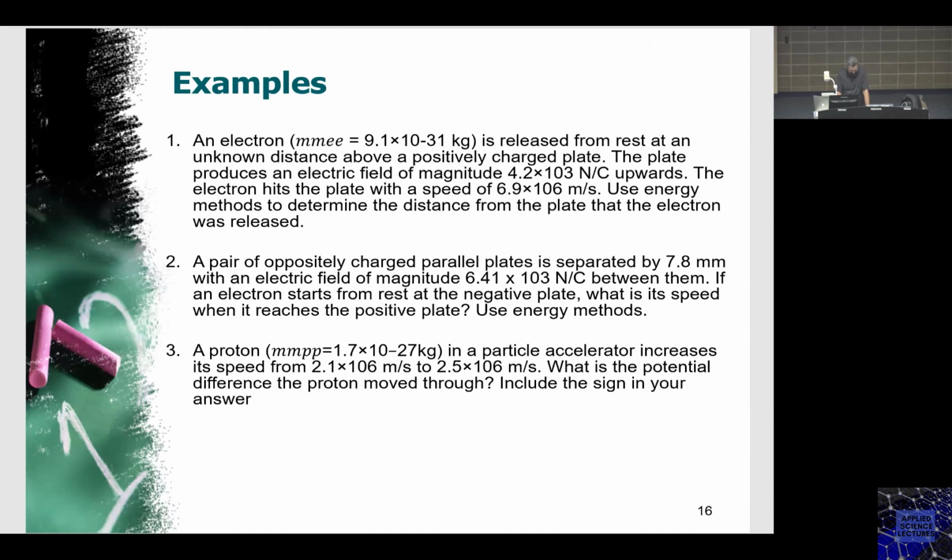The plate produces an electric field of magnitude 4.2 × 10^3 newtons per coulomb upward. The electron hits the plate with a speed of 6.9 × 10^6 meters per second. Use energy methods to determine the distance from the plate that the electron was released.